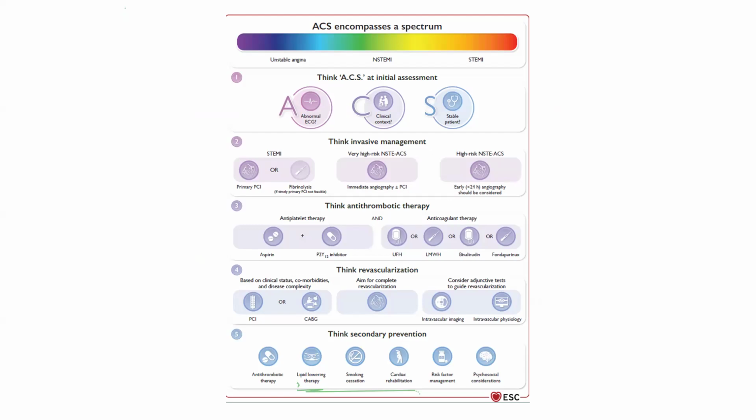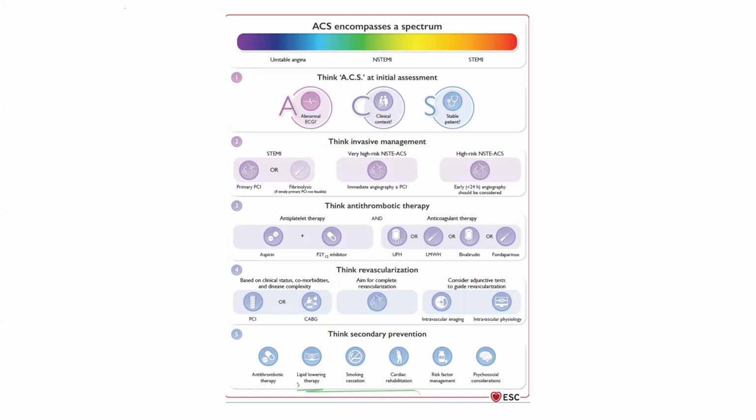Is the patient hemodynamically stable? Is there ongoing chest pain refractory to treatment? Are there dynamic ECG changes? Is there a new mitral regurgitation? What is the GRACE score of this patient? This together, with the ECG, helps you make a decision. It's a STEMI, or it's a very high risk non-ST elevation ACS, or it's a high risk non-ST elevation ACS.